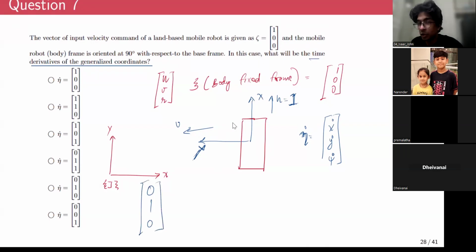Right? 1, 0, 0 in body frame of reference is 0, 1, 0 in ground frame of reference.